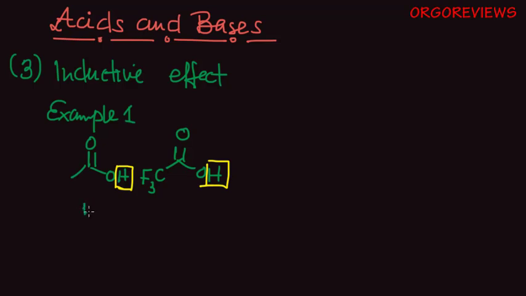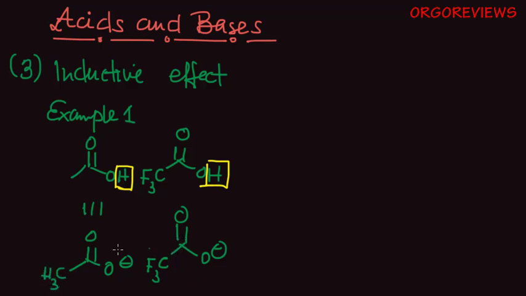The first thing we want to do is to write the conjugate base of the 2 of them. So if you wrote a conjugate base of trifluoroacetic acid and acetic acid, this is what you're going to get. You realize that you can write resonance structure stabilization for both of them. Also, the negative charges are on these 2 oxygens, so both factors that we've talked about might not hold.